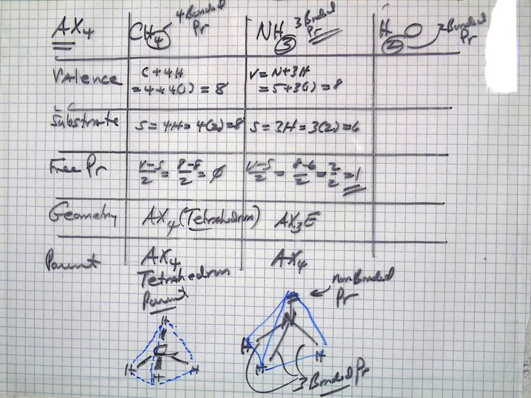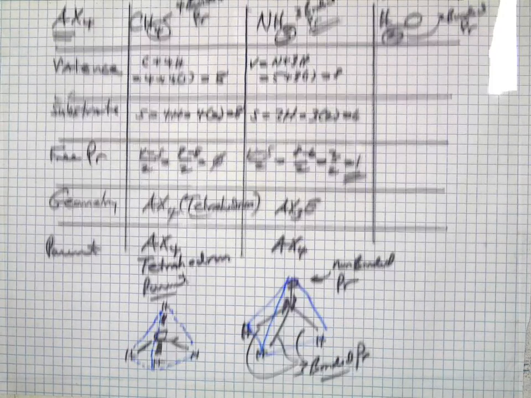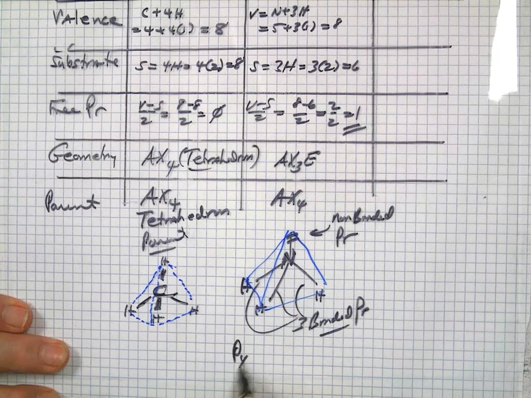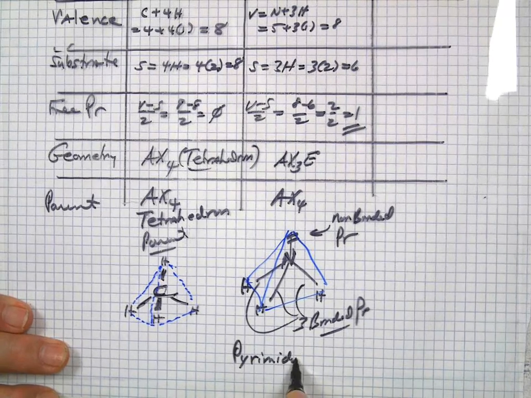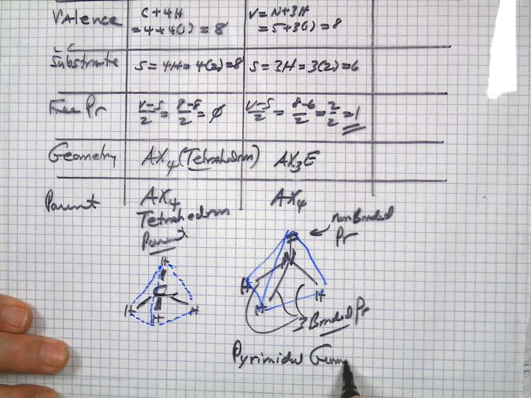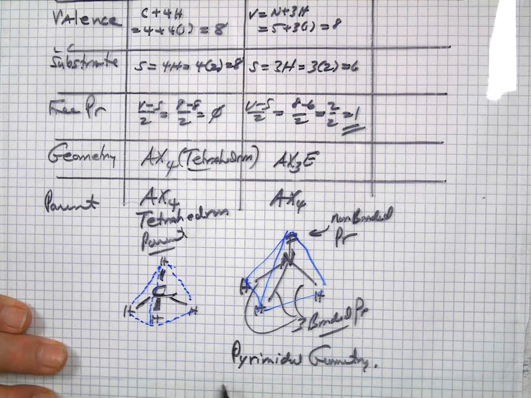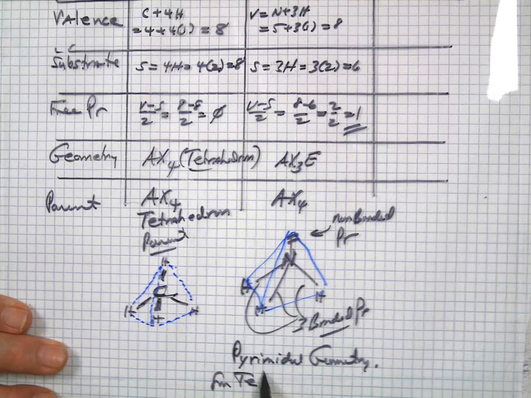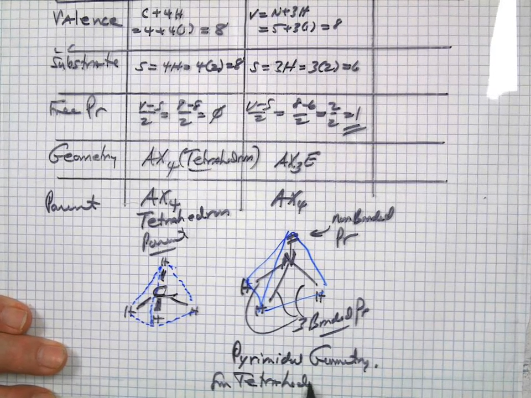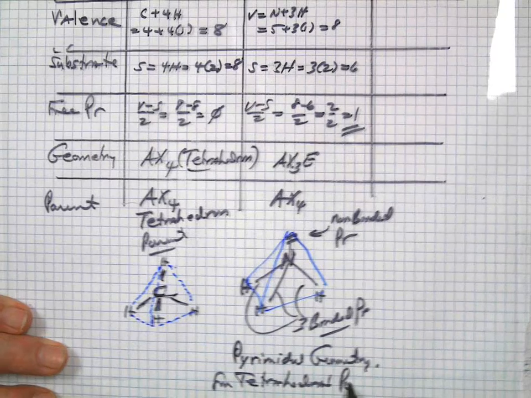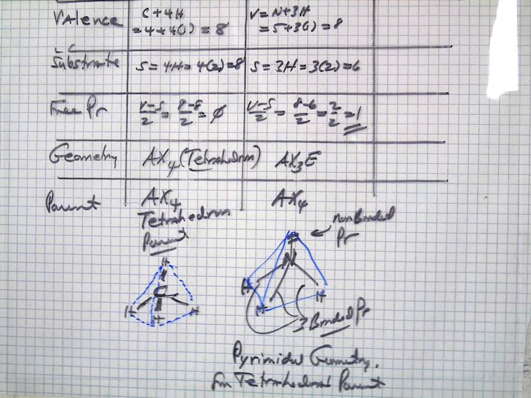Same way with water. You'll see the tetrahedron, but it'll be a bent. Now, this one is called a pyramidal geometry, okay, from a tetrahedral parent. Like that.